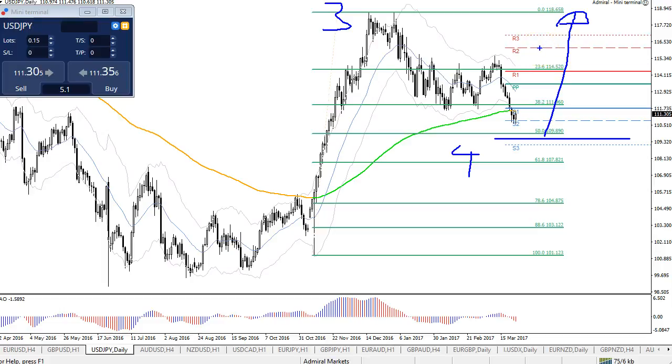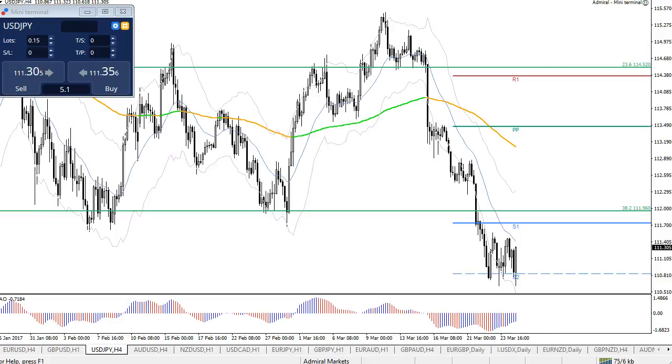But if price breaks through 110, 109.75, then the wave structure could be different, and price could then fall from the 50 down to the 61.8, and then from the 61.8 perhaps even down to the 78.6 fib. There's some bearish space to the downside if that's the case. Until price reaches the 50 fib, on a 4-hour chart, I'm expecting price to make an upside. This is maybe a wave A, this is a wave B, and I'm expecting price to make one more wave C down to 110.